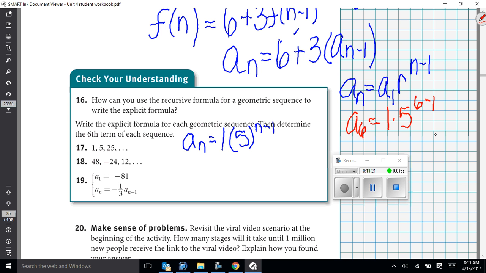So 5 to the 5 power is, what is it? 3,125. And then we have that times 1. So 3,125.